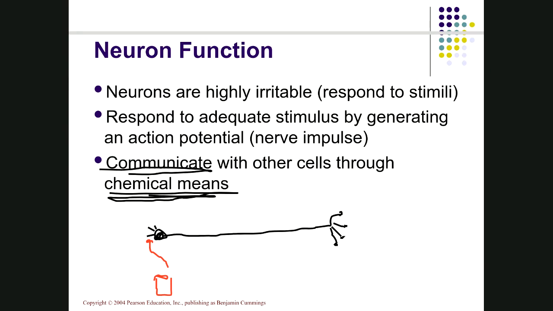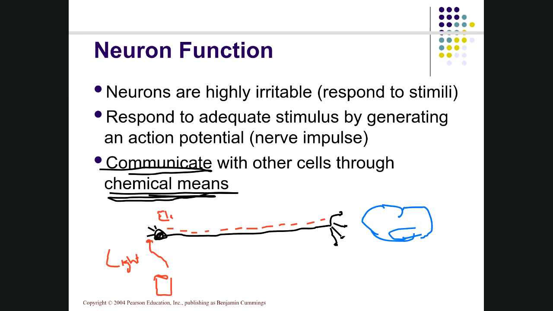And so then what happened was that information gets turned into, first of all, this is light. We're going to somehow turn that information into electricity. And that electricity is going to travel down the surface of this neuron all the way till we get to where we're going. Well, remember, this one was going into the brain. And so here's our brain over here. And the brain is going to make decisions about this information, whatever it is.